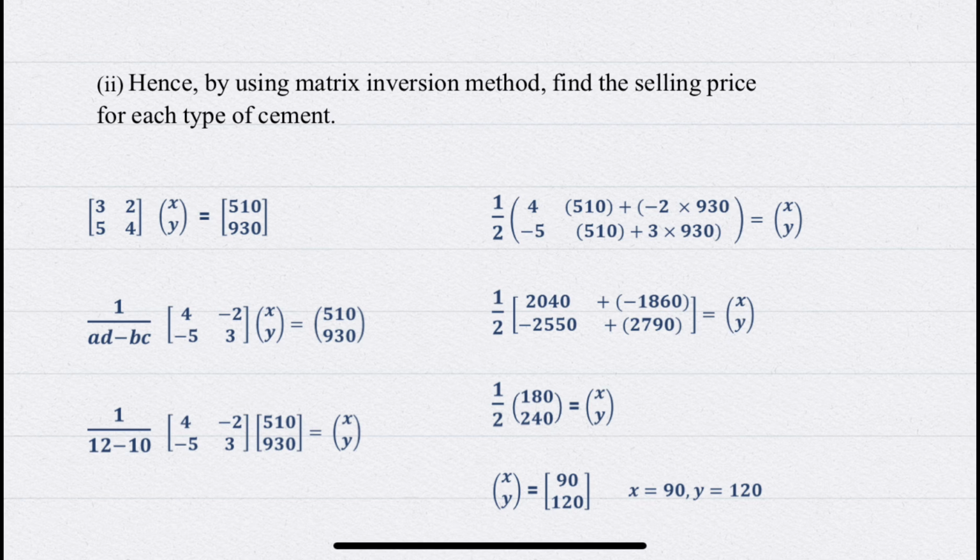We get the answer is 1 over 2, then the matrix, equal to x, y, and we get x equal 19 and y equal to 120. Okay, that's all from me. I pass the next question to Sharifuddin.